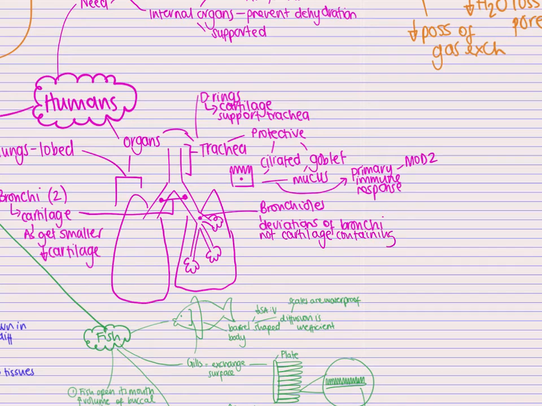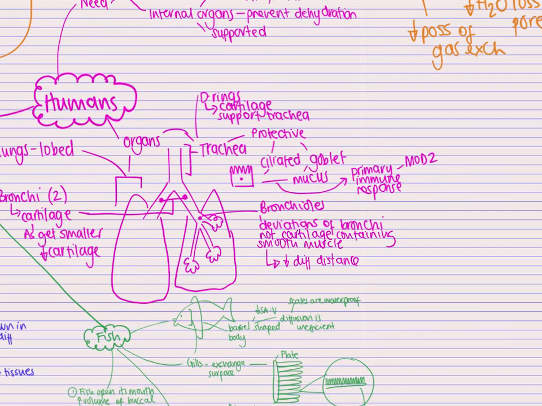Instead, they are held open by smooth muscle. So they've got moderately thick walls. But as we get even smaller going towards the alveoli, they start to get even thinner and thinner. And ultimately, we're going to reduce the diffusion distance by making our walls thinner.